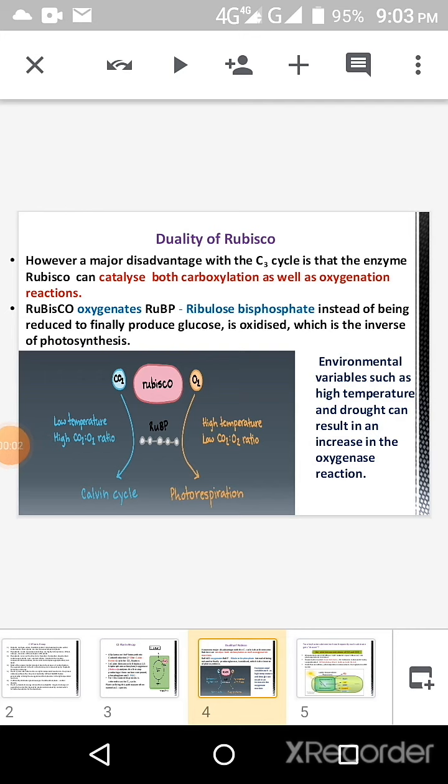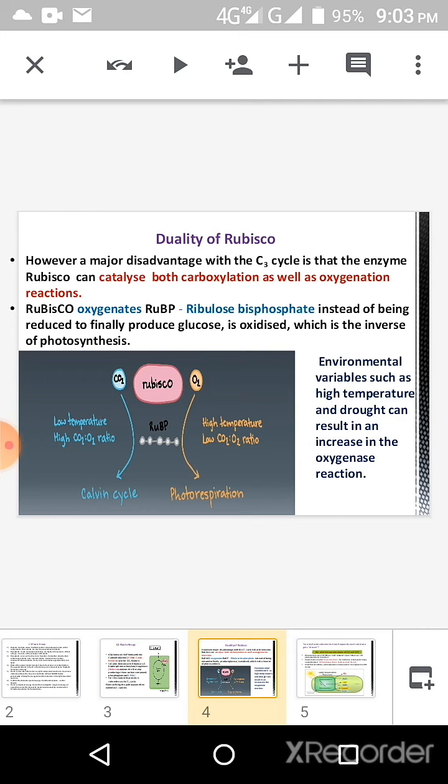Rubisco, which is the first enzyme catalyzing the Calvin cycle, its full form is ribulose 1,5-biphosphate carboxylase oxygenase. This enzyme Rubisco shows a duality.